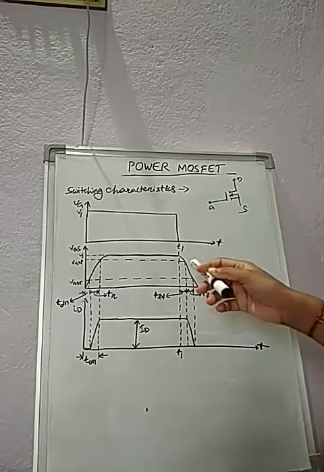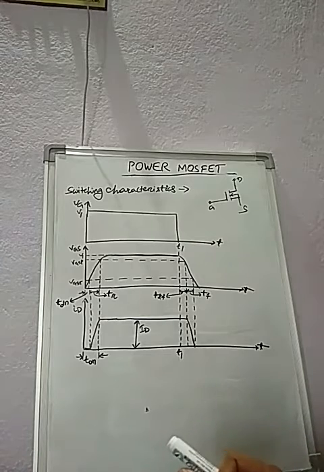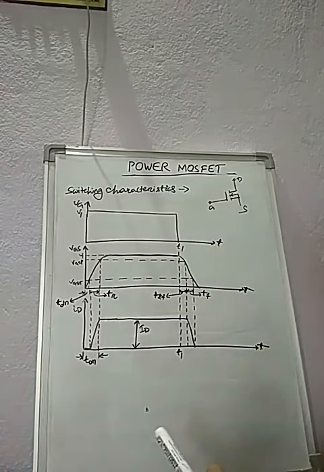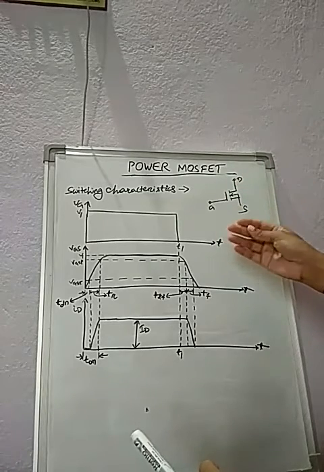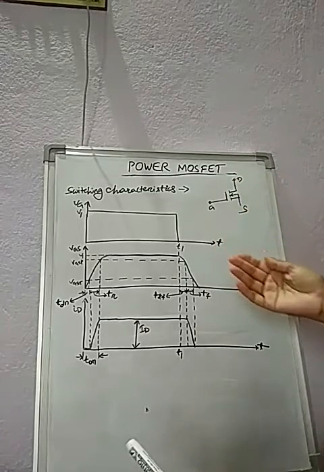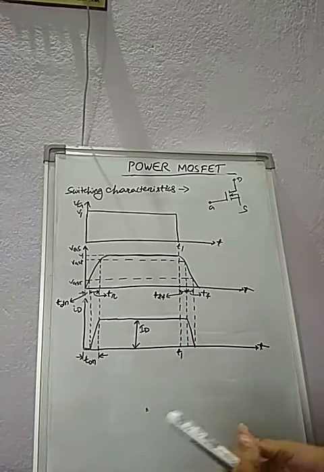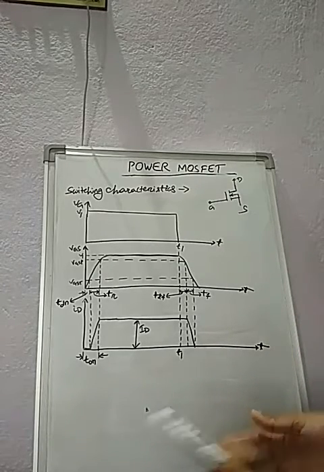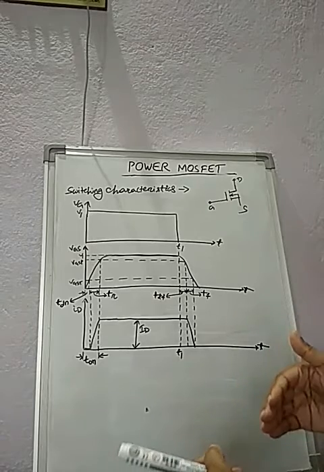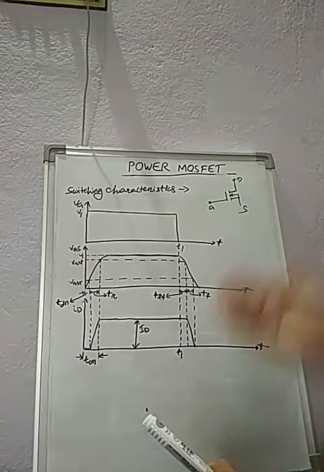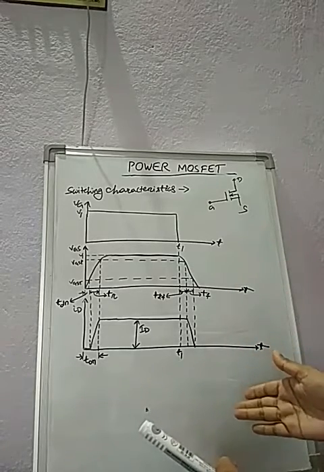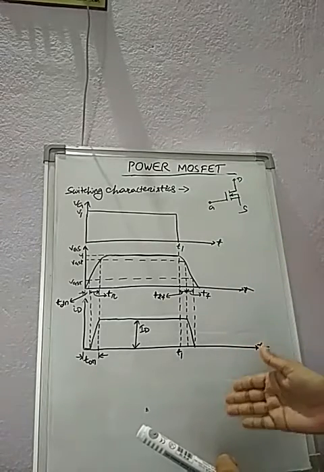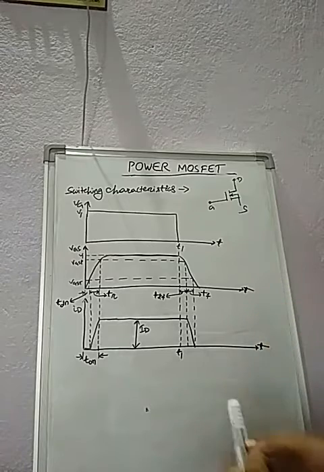Now the topic is switching characteristics. In the switching characteristics of power MOSFET, we already learned about the static characteristics. In the static characteristics, we studied the steady state characteristics of different parameters like drain current ID and gate source voltage VGS.